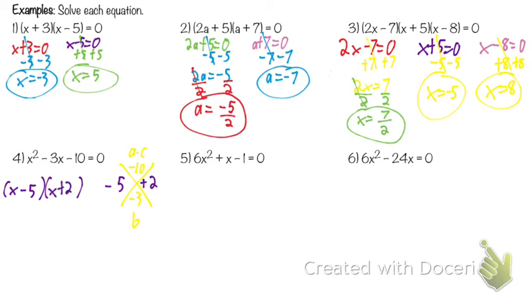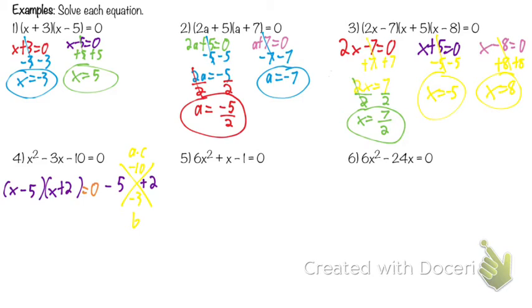So both parentheses start with the variable x. Not squared, but just x. Then they end with the number and signs from the sides that we found. Negative 5 and positive 2. Now wait, what do we notice that we still have equals 0? So we have to write that in here. We still have it equaling 0.